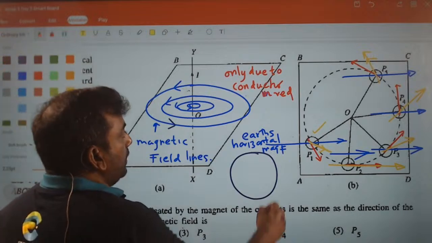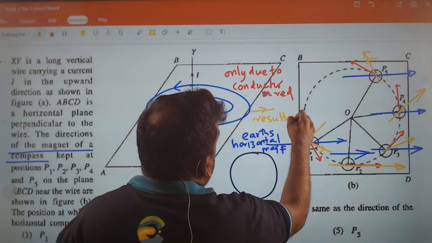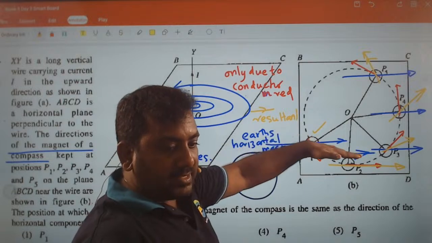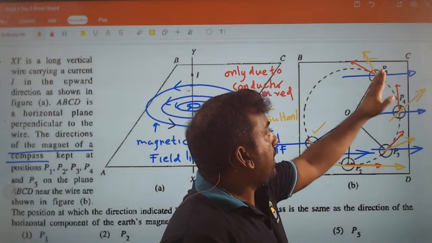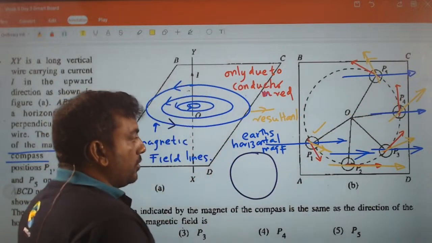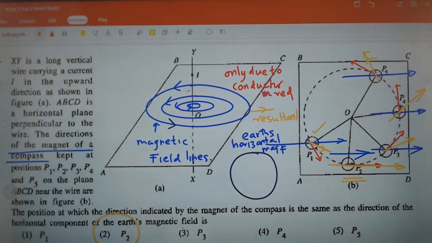Yellow will give you resultant magnetic field. Red and blue resultant is here. So these two resultant somewhere in between. These two resultant parallel. These two at an angle. Here at an angle. Here that way. So the correct answer I can see is P2. P2 looks the one which is in the direction of the magnetic field. P2 is the one which is in the direction of the magnetic field.